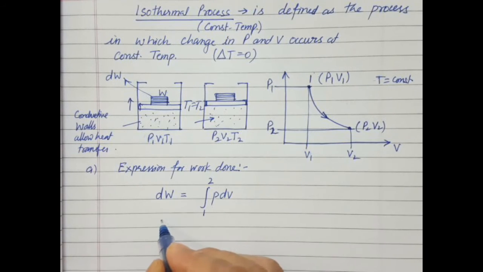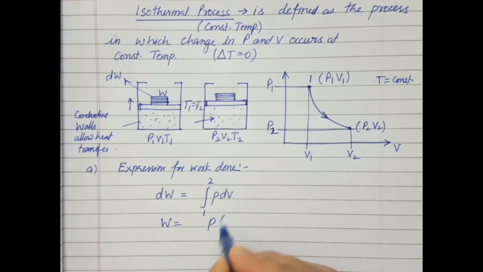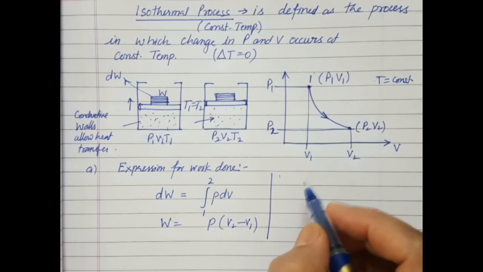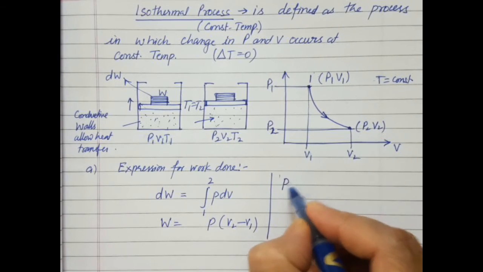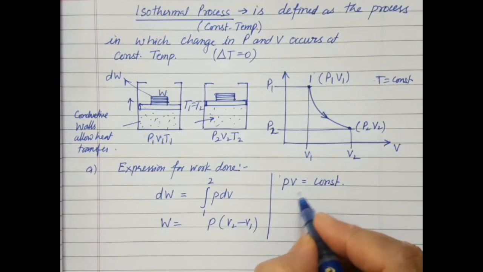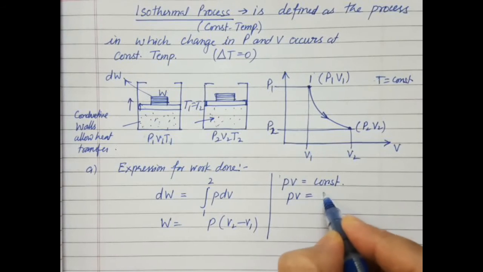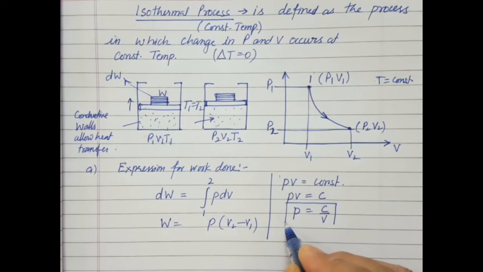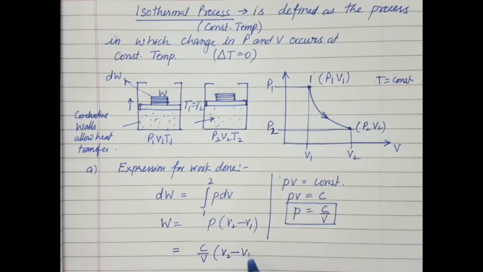So work done is equal to P times V2 minus V1. Now here you know that P into V is equal to constant according to Boyle's law, so PV is equal to C, and we can write P is equal to C by V. Now I replace the pressure with C by V.